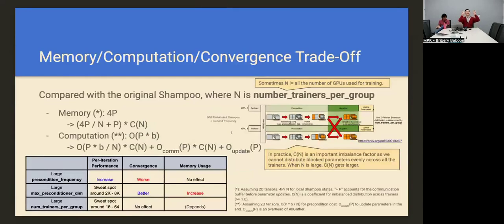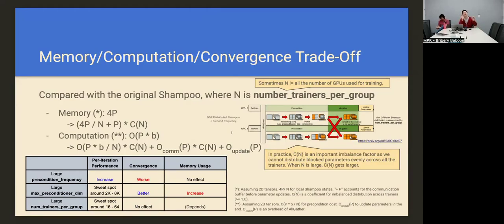After doing those simpler optimizations, the memory, computation, convergence trade-off becomes like this. Memory was originally P, but it can be divided by N, the number of trainers per group. But we also need to add some communication buffer, which has P. Also, how to distribute those computations across ranks is a very different problem. Basically, the granularity is a block.